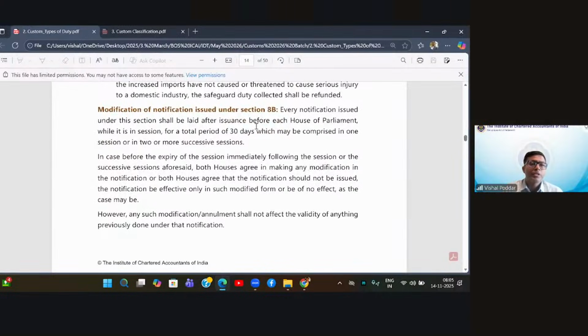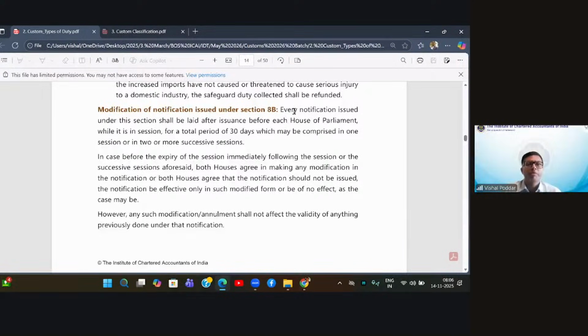Now, since these are emergency powers, and as we discussed, the power to bring changes in the Customs Tariff Act is only with the parliament, but these are emergency powers. So the government has imposed this. After imposition, whenever the parliament is in session, the government will have to place these notifications in the parliament, so that finally the parliament should decide what to do of these protective duties.